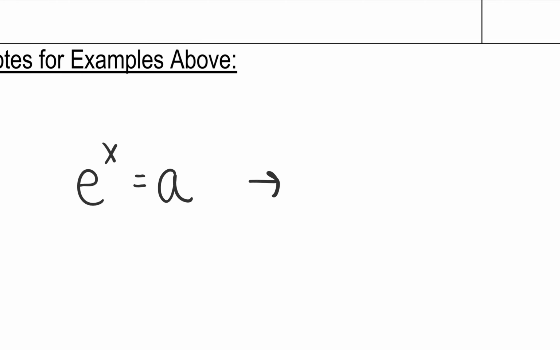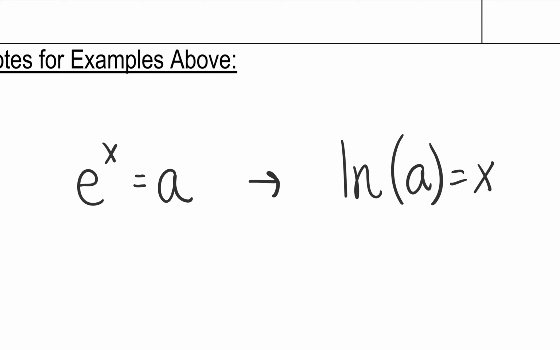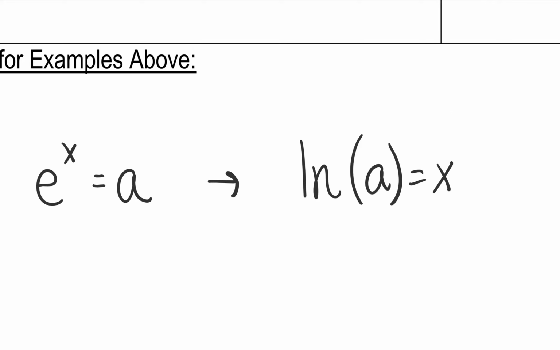If I have E to some exponent equals A, the way I would convert that is natural log of A equals my exponent. So it's practically the same thing we've been doing with exponential functions, except now I replace a number with E, and instead of writing log, I write ln. That is the only difference.